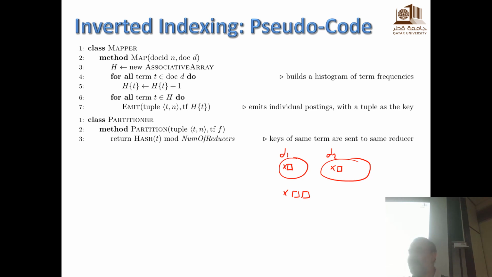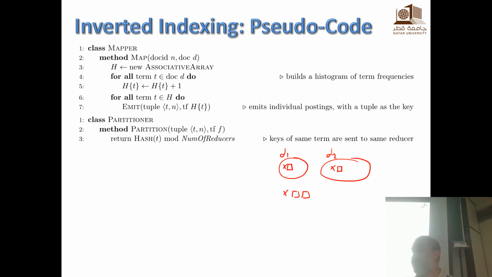Okay, is that clear? This one will be done after the map finishes the job, because you have one mapper for one document and another mapper for another document. Let me be very accurate here, because the word mapper is different from the map call.